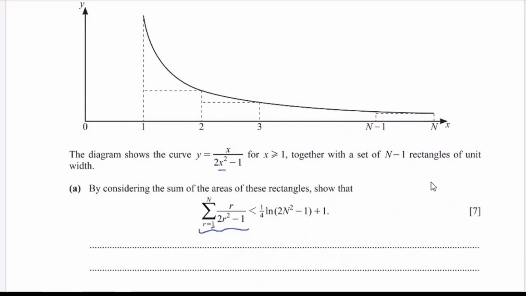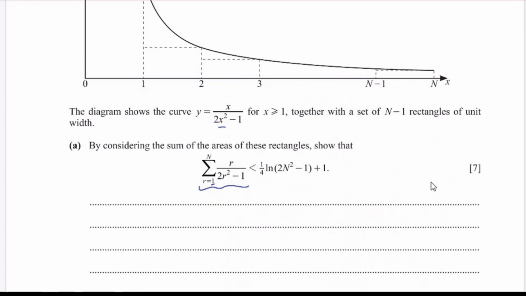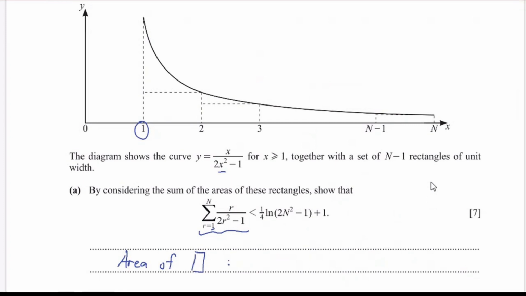So in fact, what we consider here is, let's write out the area of the rectangles first. The first height is not at 1, so you can see there's no rectangle there. The rectangle that we have here starts from 2.